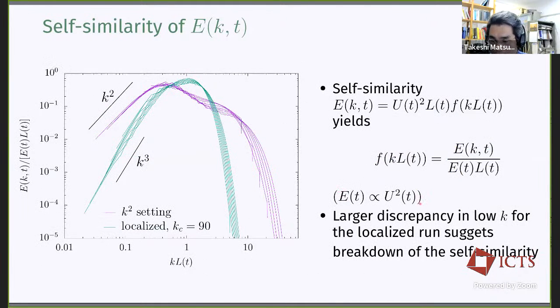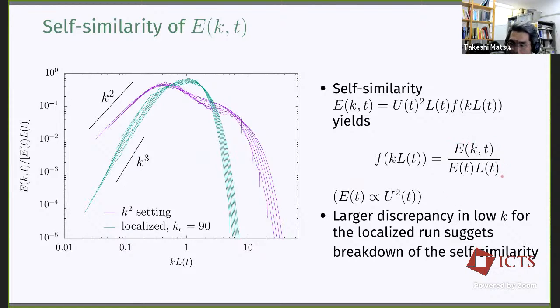And we'd like to observe this self-similar function from those numerical data. So in order to do that, from this assumption, the self-similar function F can be given by the energy spectrum divided by total energy. Here I assume the characteristic velocity squared is proportional to the total energy. So we have numerical data for the energy spectrum for different times, data for the total energy, and data for the integral scale.